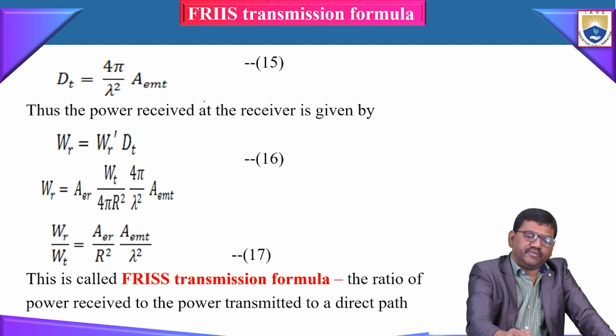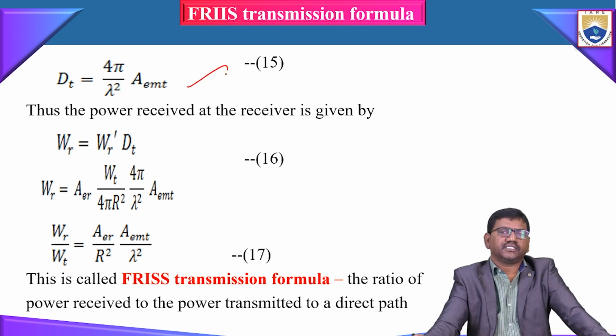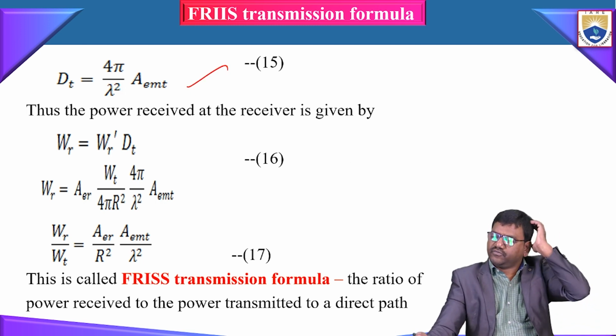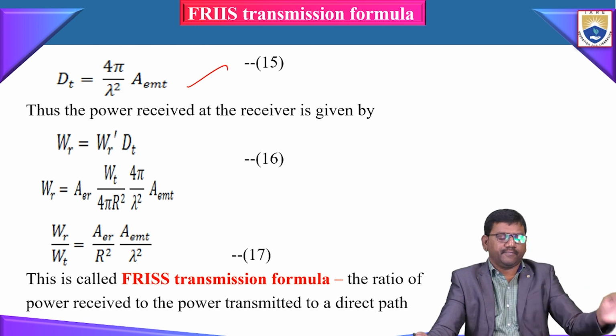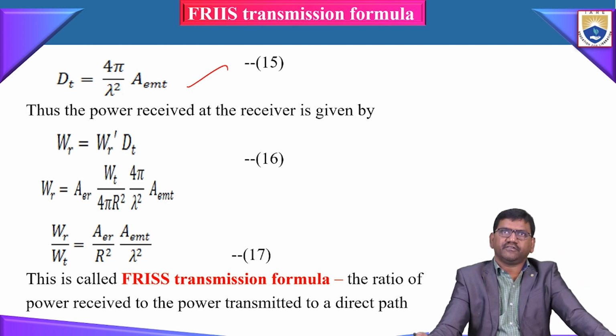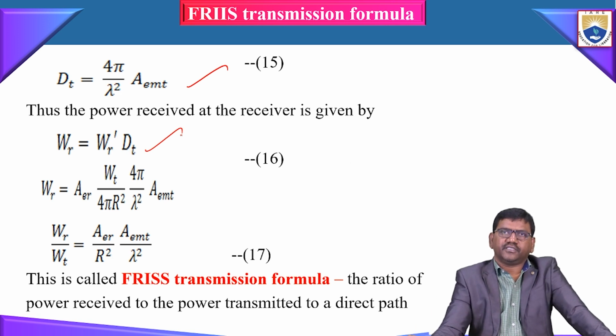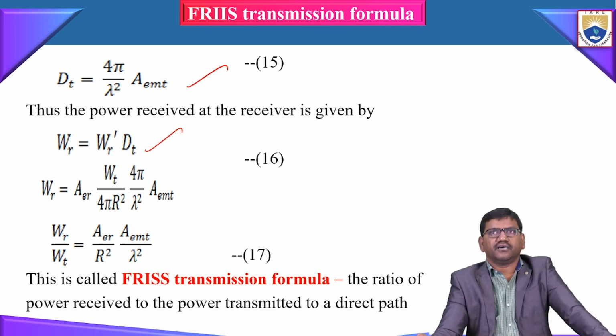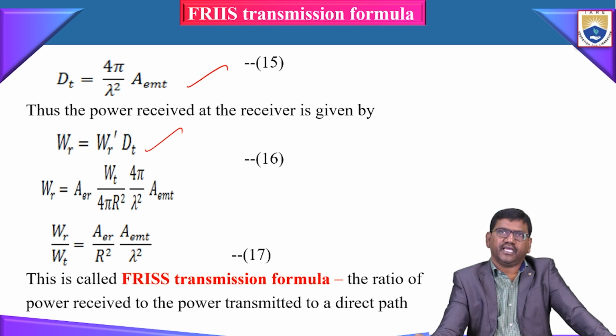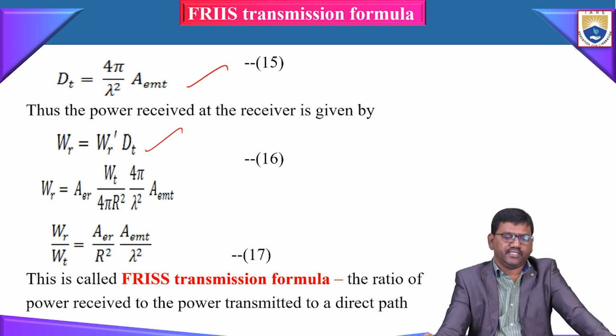With the relationship between directivity and maximum effective aperture, DT is equal to 4 pi by lambda square into AEM. So the total power received by the receiver depends upon the effective aperture of the area, the power received by the receiver, and the directivity, given by the relation WR is equal to WR dash into DT.